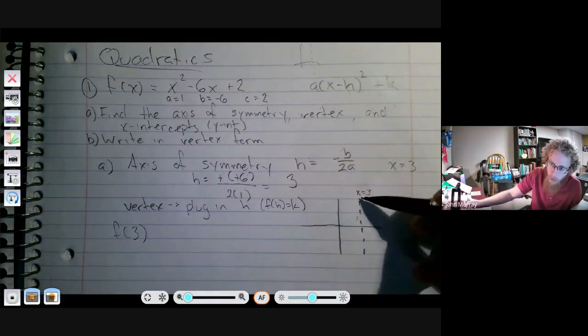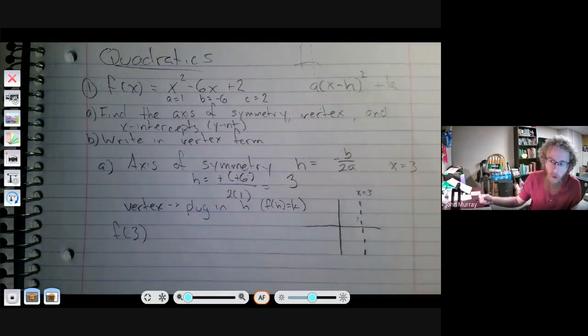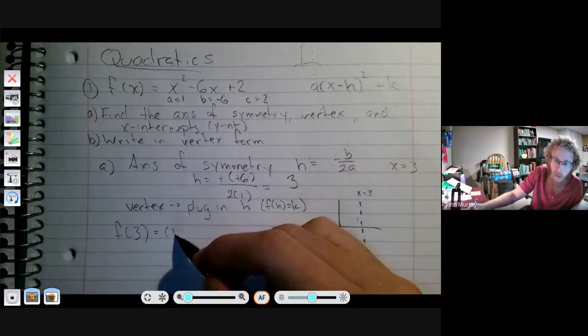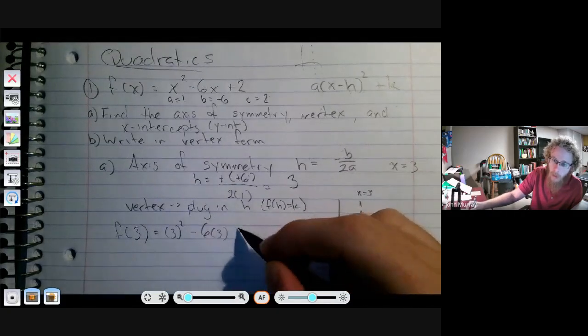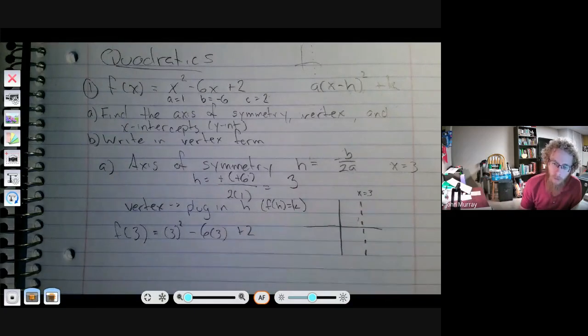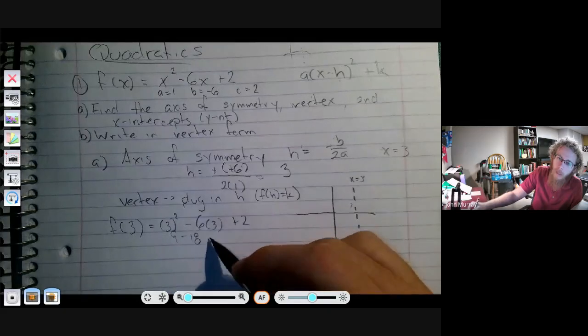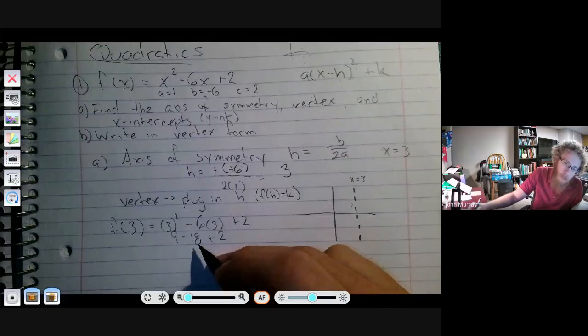And that's what this is telling us too, right? Where on this line is my graph going to cross? Because it has to cross here at some point. So we plug in 3 squared minus 6 times 3 plus 2. Right, so again, just be careful with signs and your operations. We're going to have 9 minus 18 plus 2. 9 minus 18 is negative 9.